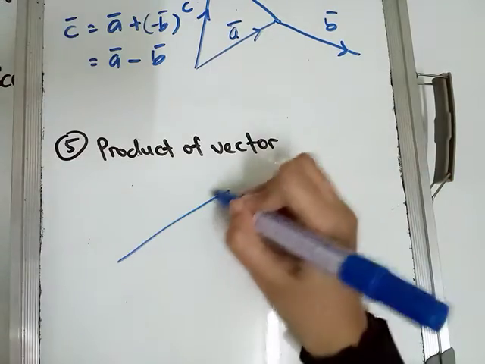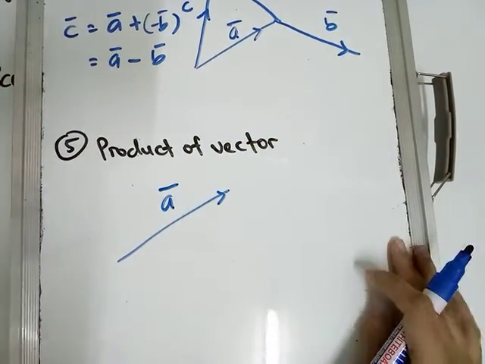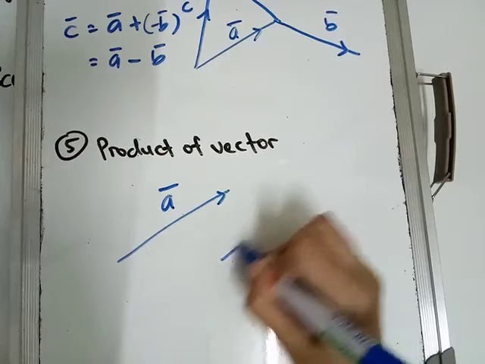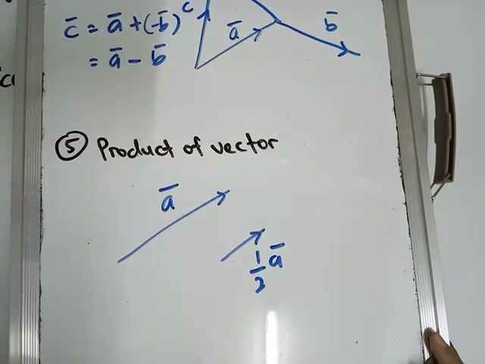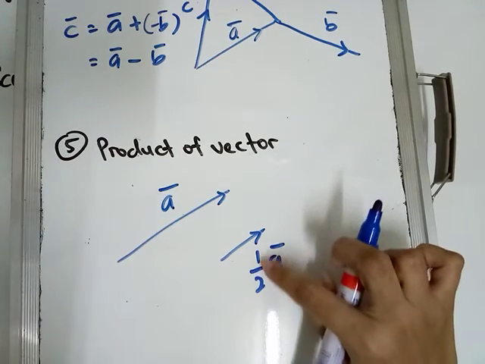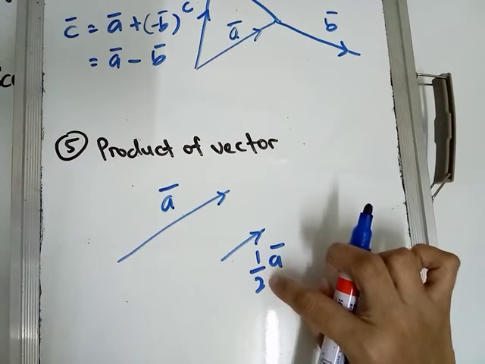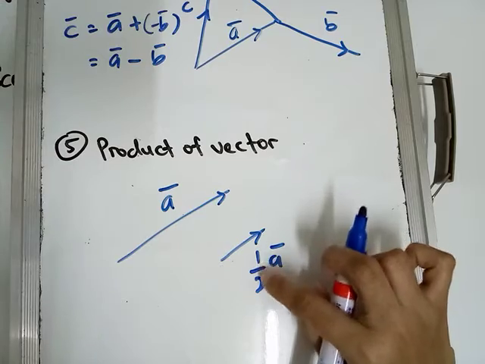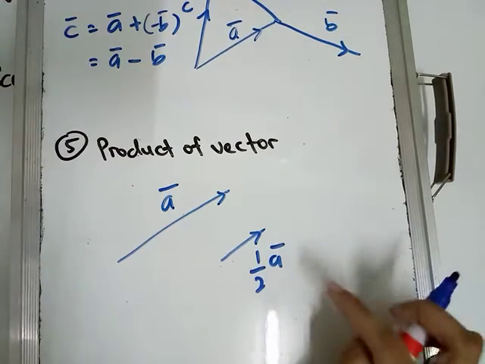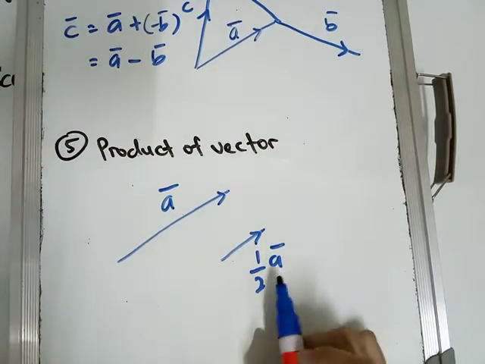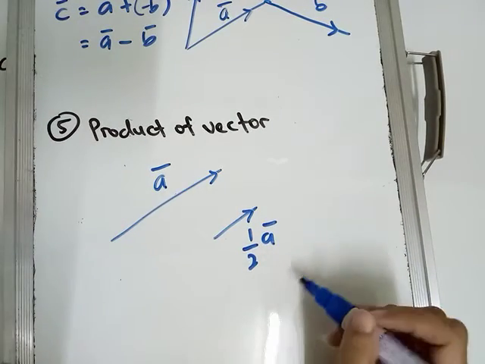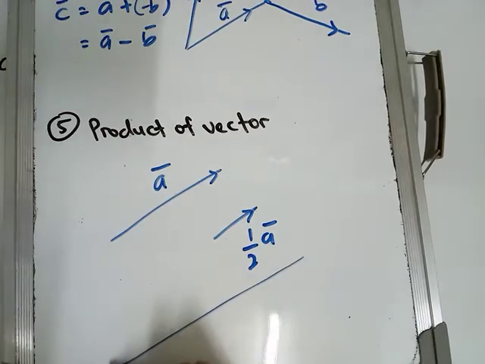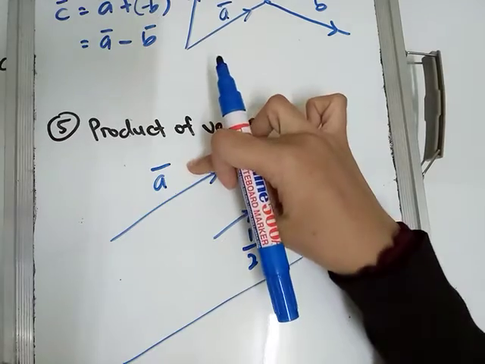Let's say this is vector A. And we have another one for vector A, but half of vector A. So half, 1/2, is denoted as the scalar. This 1/2 is the scale, or its length, the length of vector A. And what about if we have another vector A but twice? Twice vector A.